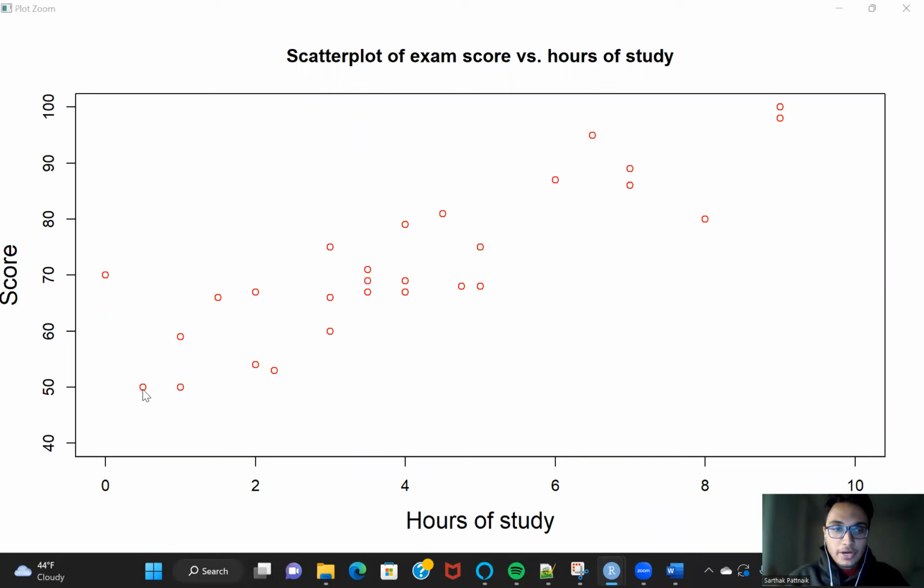Each of these points just represents values in the XY space. So this point right here represents around 2.5 hours of study, and the score was somewhere between 50 and 60. So basically each point shows the hours of study and the score of a student who gave this particular exam, right?